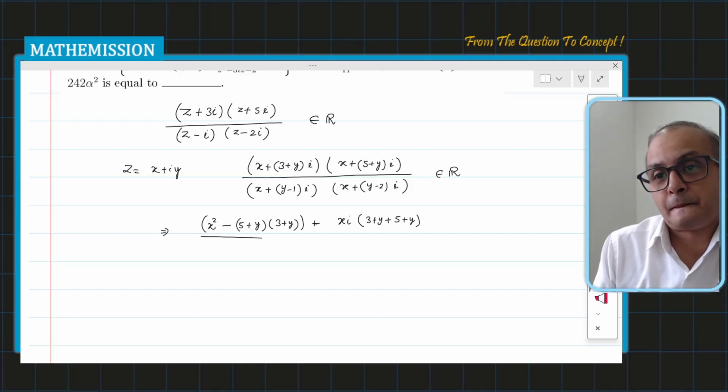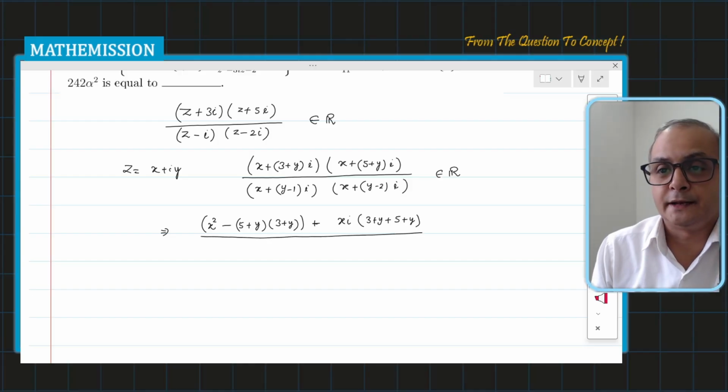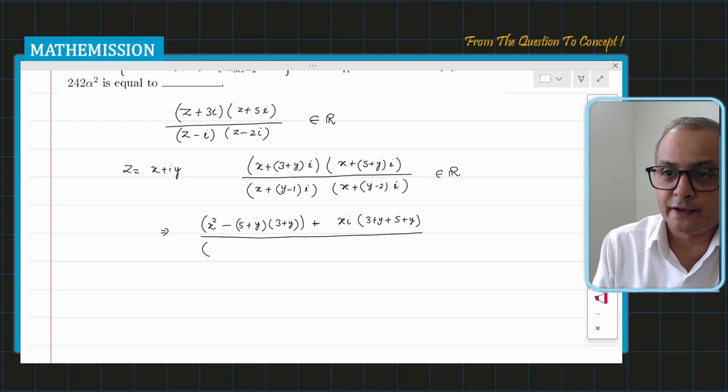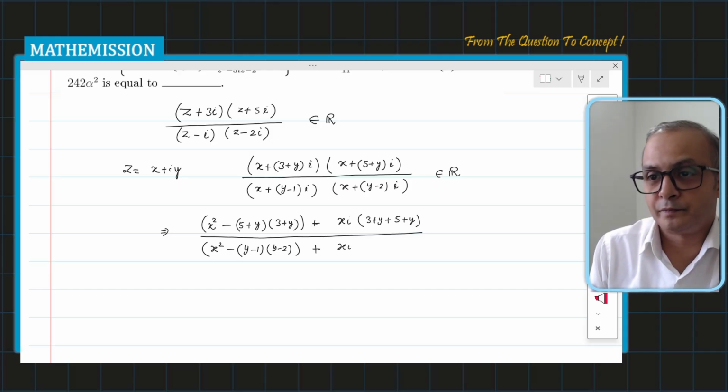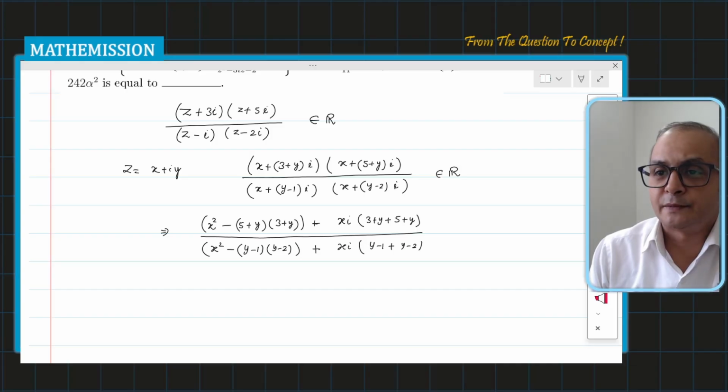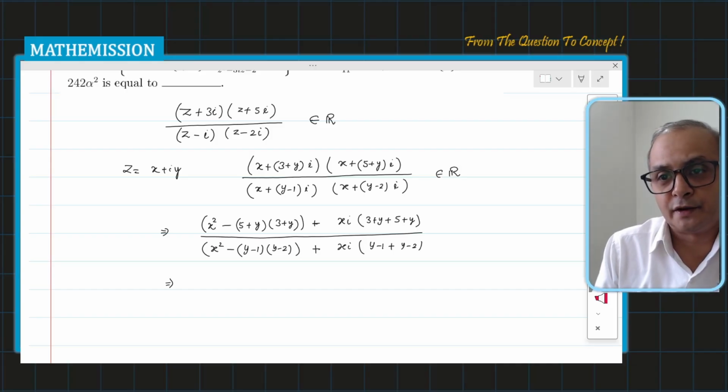And in the denominator, again we get a similar kind of structure: x squared minus (y minus 1) into (y minus 2). And here I get xi common, and this is going to be (y minus 1) plus (y minus 2).